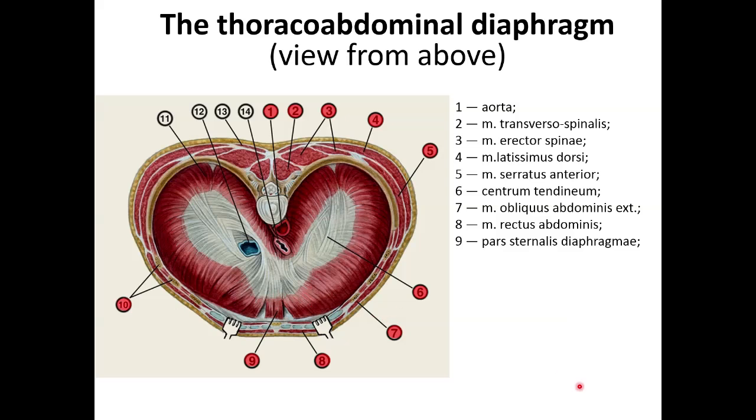Then number 10 demonstrates the ribs, costae, and number 11 demonstrates the costal part of the diaphragm, pars costalis diaphragmatis.